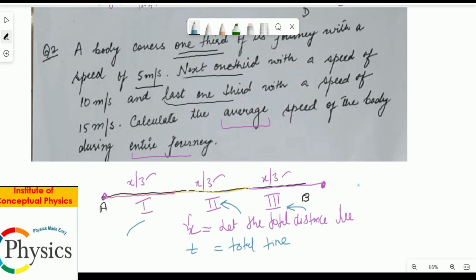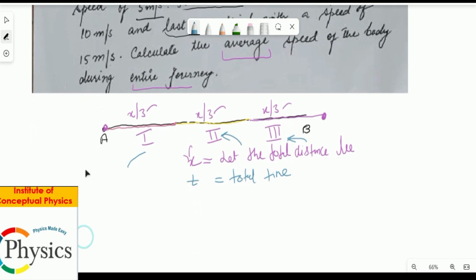Let's attack part 1. Concentrating on part 1, the average speed in part 1 is given to be 5 meters per second. The formula of average speed for part 1 is total distance divided by the time of the journey. You don't know the time, so you call it t1.